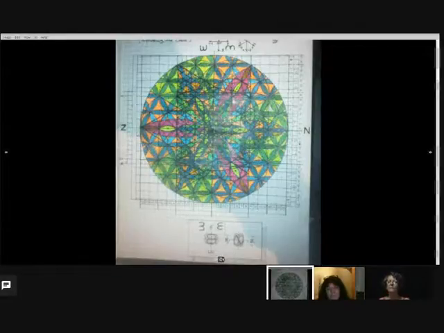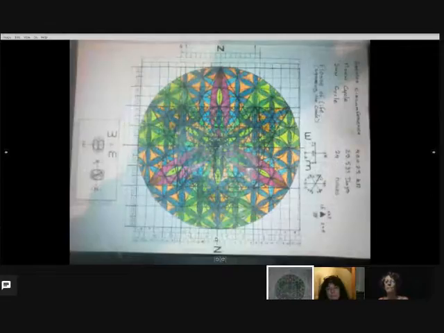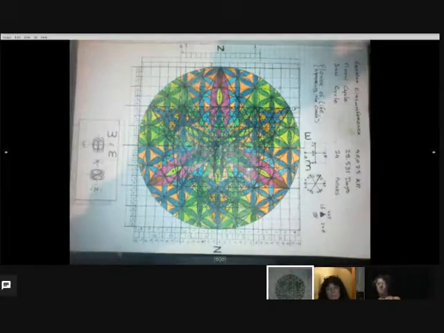You actually can see the triangles in opposite direction of each other. This is how you can actually know north and south and east and west, because of this triangle interference pattern. Each is a north and a south polarity, and it's interwoven into each other.